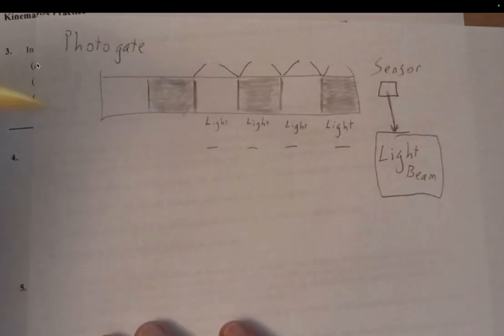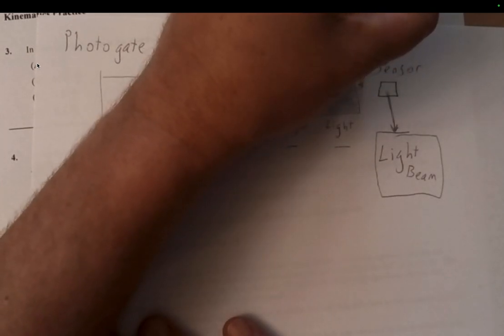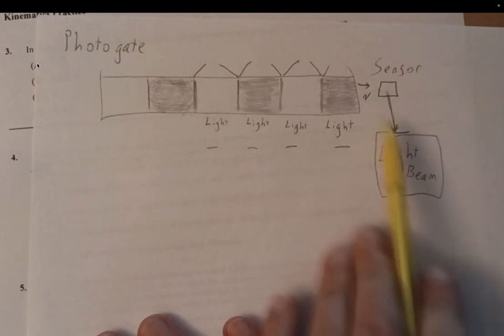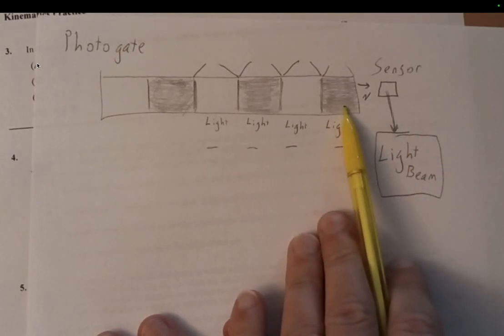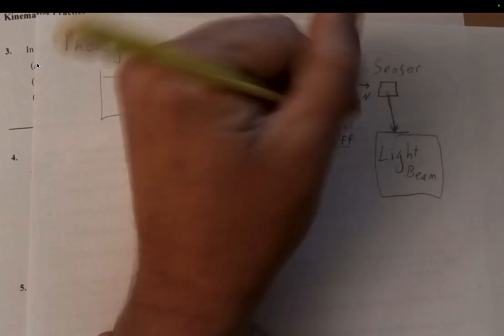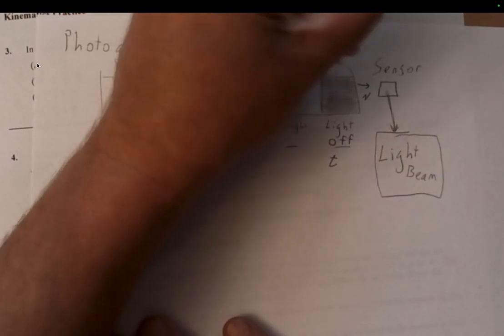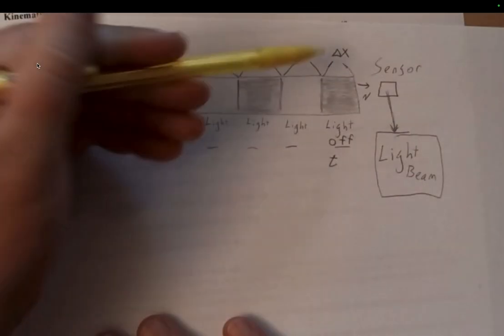And then this thing here will move with a velocity v going into the sensor, breaking the light beam. And so then when this part, the dark part, is going through it, the light beam is off for a certain amount of time. And we know the distance of it, so we can get a distance over a time.